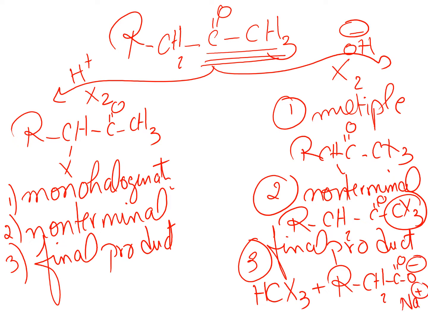You break your compound right here. This gives your haloform, and this gives the acid part of your product. So this is how halogenation proceeds.